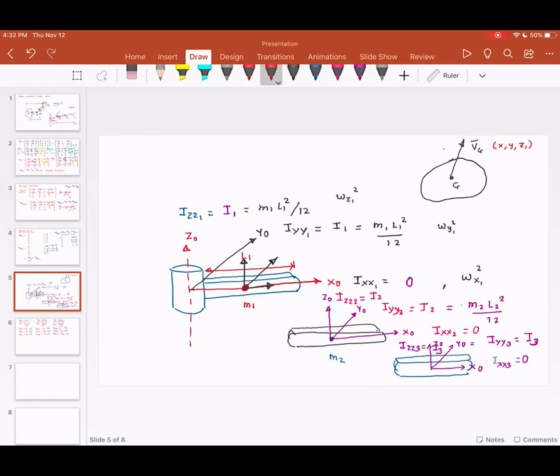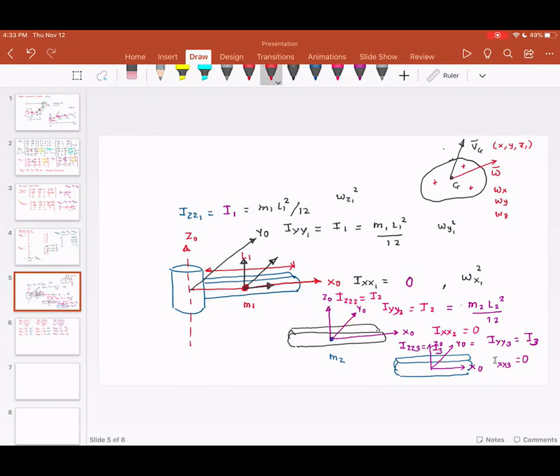Also, there will be rotations. So it will have another vector which I'm going to call omega. This will have omega x, omega y, and omega z. Now please understand the difference between the translational velocity and the rotational velocity. Translational velocity is different at each and every point.